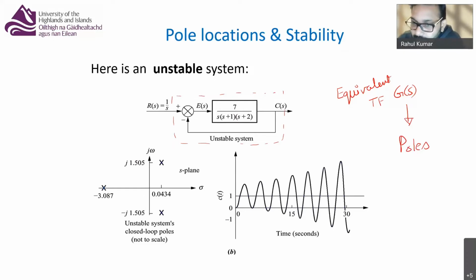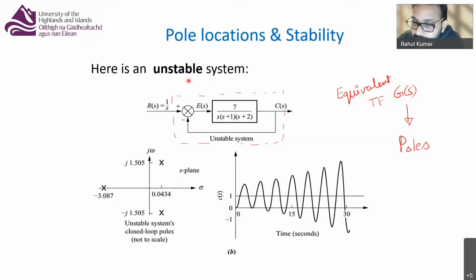But this time what we see is that 2 of the poles are on the right hand side. One of the poles is negative, it is minus 3.087, but the other 2 poles have a positive real value, or they are on the right hand side of the S-plane. So that makes my system unstable.